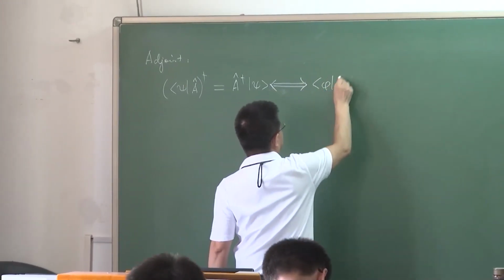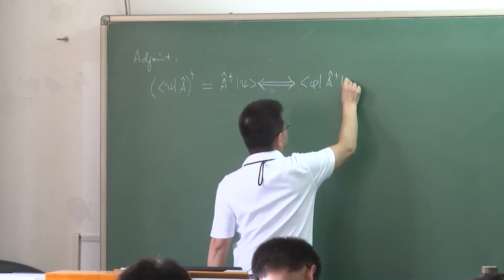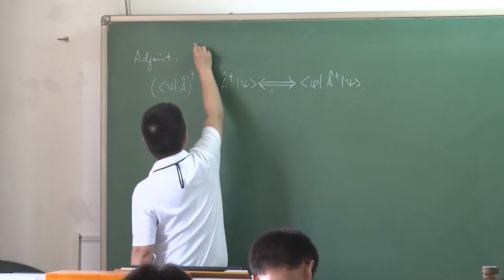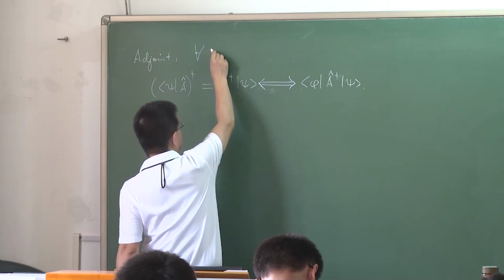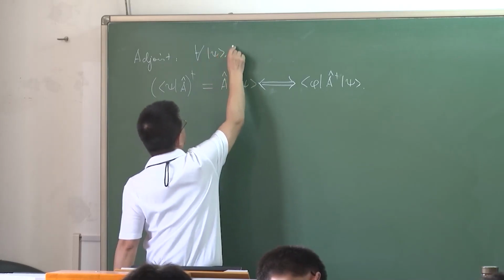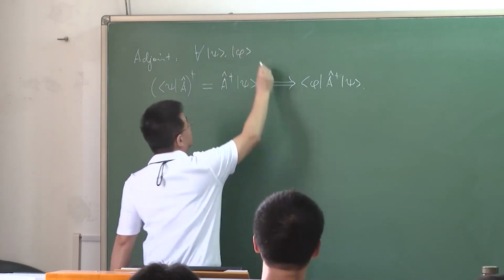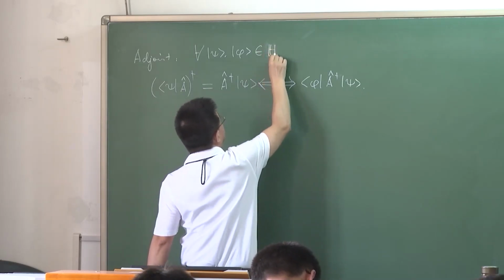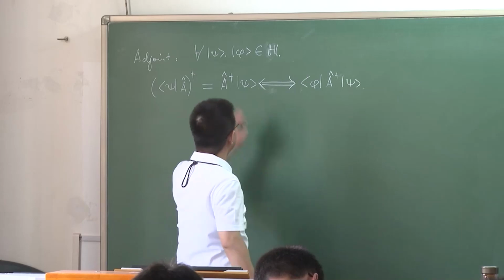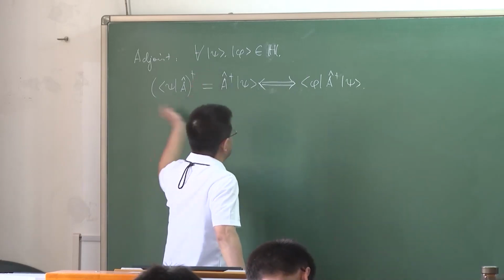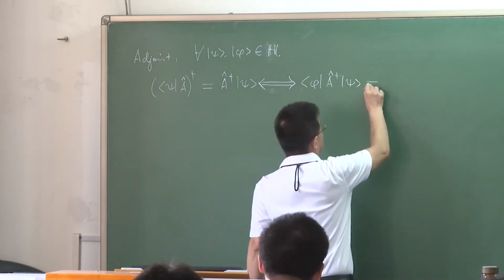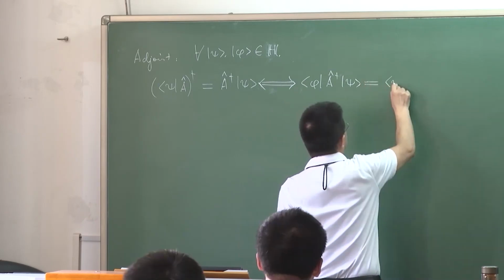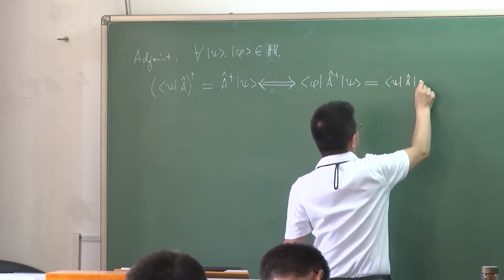That is, phi A dagger psi. And I want to mention here that this is for arbitrary psi and phi, which belong to the Hilbert space. For any state vectors, you have this relation, equal to psi A phi.